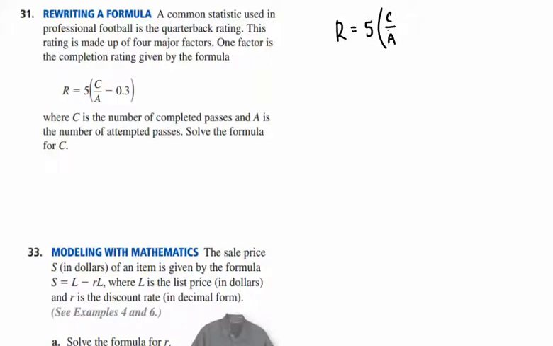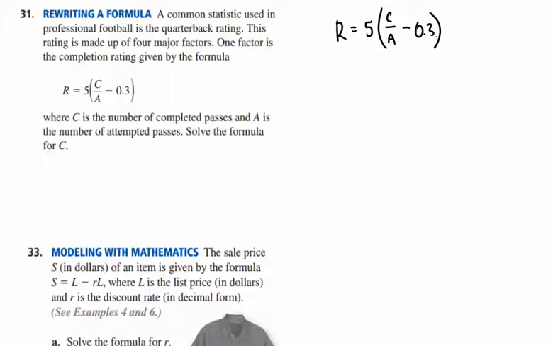I imagine that if we knew the rating and we knew the number of attempted passes, then we could find out how many completions this quarterback has. So our goal then is to get the C by itself.